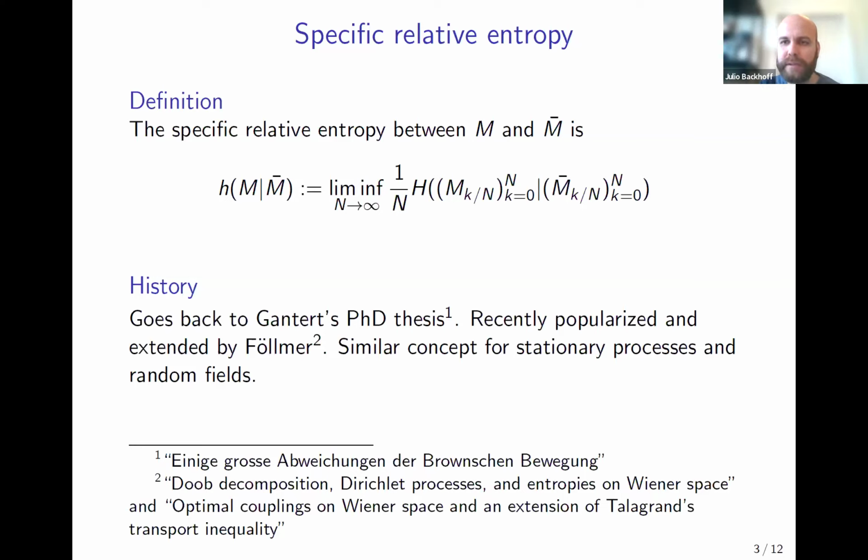And I also have a question, because if you define your specific relative entropy this way, I have the impression that you are somehow counting too much the impact of earlier mistakes, right?